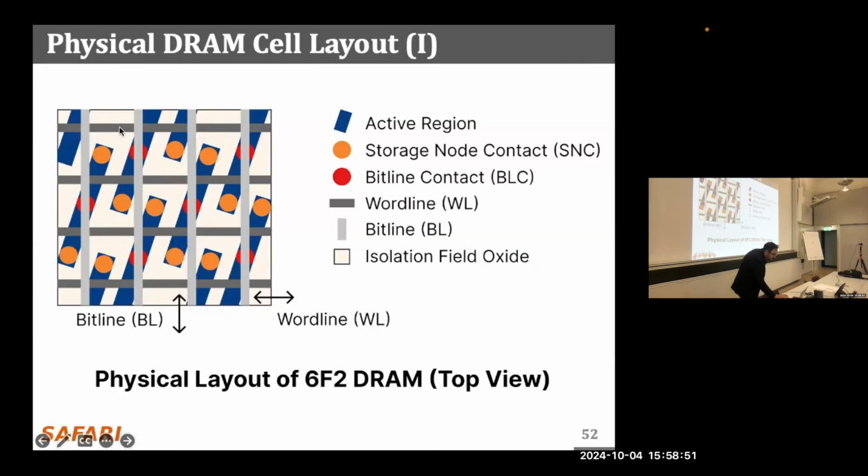And the active regions that this word line is connected to are quite far from this word line. So there's always a gap in between in this cartoonish picture. So you would expect the effect to be much lower, right?